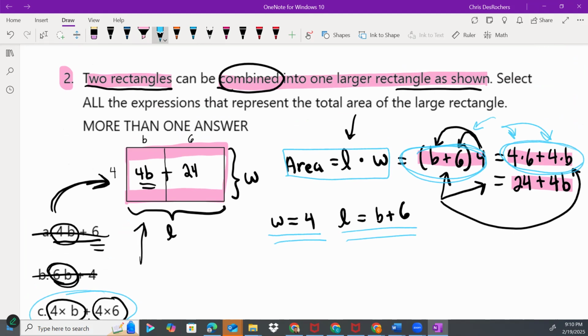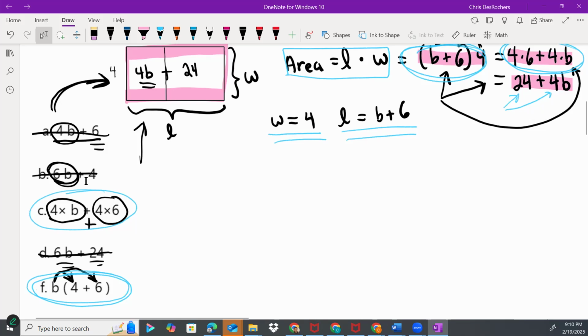And then we finished simplifying that with 24 plus 4b. And we found again that C and F were two solutions. All right, that's it for number 2.